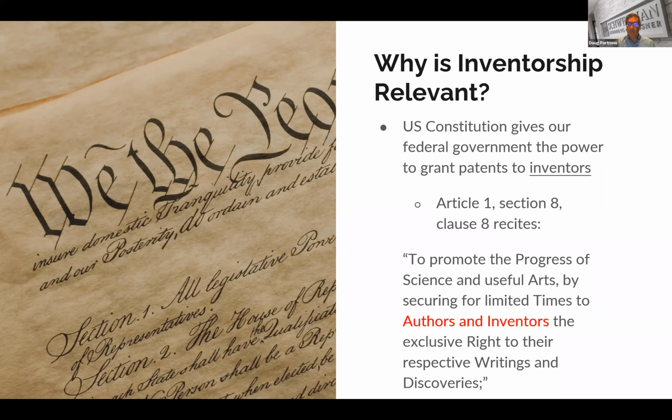So the courts have interpreted that as the Constitution giving the US government the power to grant patents and copyrights to authors and inventors. So writings would be referring to copyrights, and discoveries is referring to patentable inventions. So it's interesting that it talks about discoveries and not inventions, but that's a whole other discussion. Anyways, if you could go to the next slide.